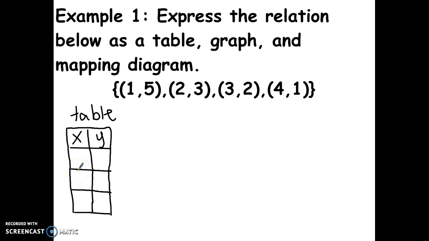Okay, under the X, we're going to list the X values, which are 1, 2, 3, and 4. Oh, and I didn't make mine big enough. There we go. So again, we have 1, 2, 3, and 4. And then our Y values are 5, 3, 2, and 1.